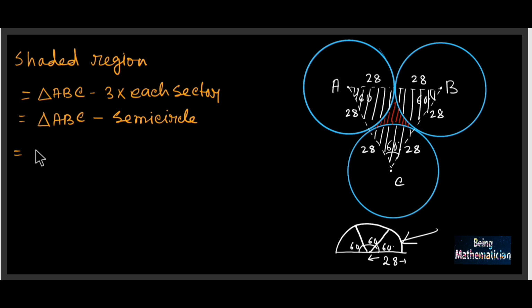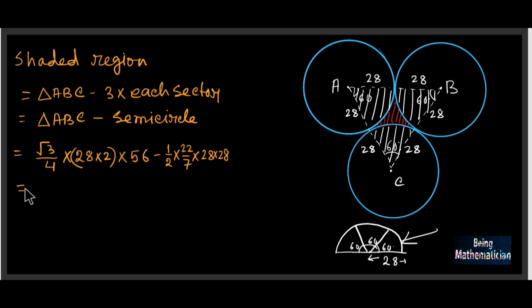So the area of triangle ABC is root 3 by 4 into side square, meaning 28 into 2 is the side, that is 56, into 56, minus semicircle, which is 1 by 2 into 22 by 7 into 28 into 28.